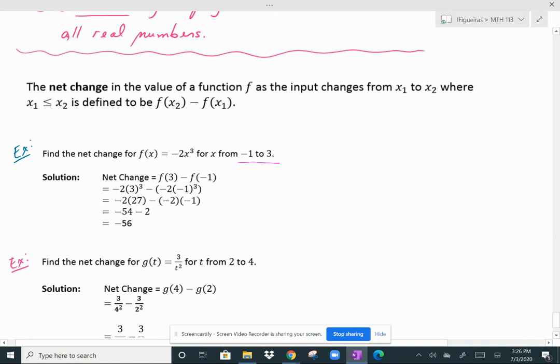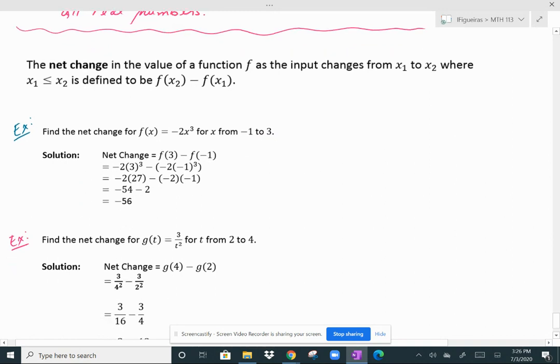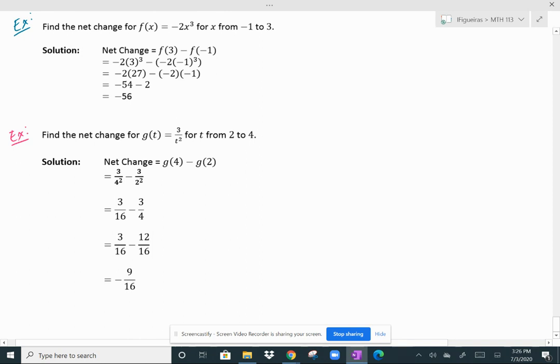Another example is here. The net change of this rational g of t is equal to 3 over t squared as t changes from 2 to 4. So that means that you subtract g of 4 minus g of 2. Remember, always plug in the bigger one first. Otherwise, you're going to have the wrong sign. So g of 4 is 3 over 4 squared minus 3 over 2 squared.